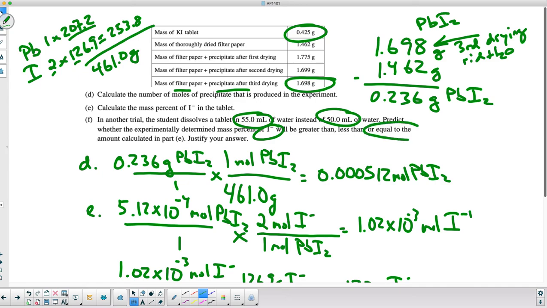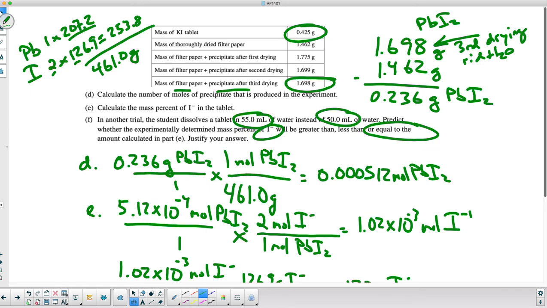So it should be exactly equal to the amount calculated in part E. There should be no change to the amount of precipitate, because the water is removed. That's why. Okay, so if you're good at listening to somebody's voice and understanding the answer, 5 more milliliters of water that's being removed does not change the mass of the iodide or change the percent.